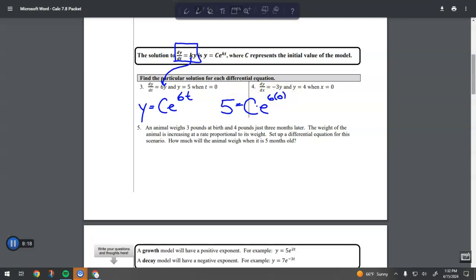I'm trying to solve for c. But 6 times 0 is 0, and e to the 0 power is just 1. So doesn't this just say 5 equals c? Which makes sense because back in the notes up there, what I said was that number is the initial amount. So you can really jump to right there.